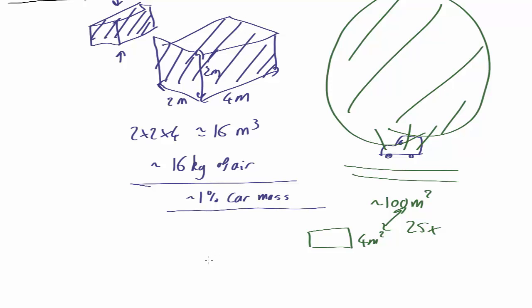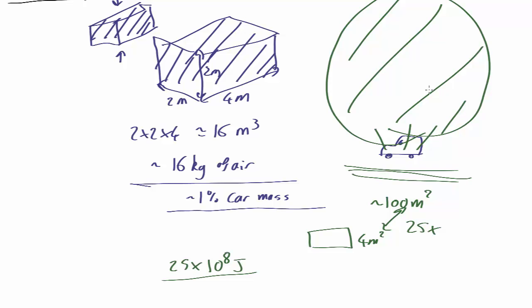So instead of needing, say, 10 to the 8 joules to overcome drag force and get to Sydney, you're going to need 25 times that if you're going at 110 kilometers an hour. So drag forces are going to be an absolute killer for cars supported by giant balloons.